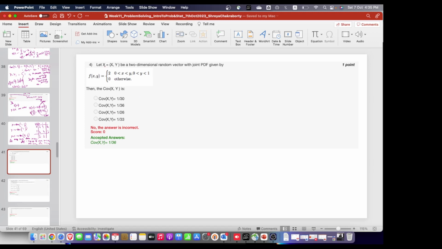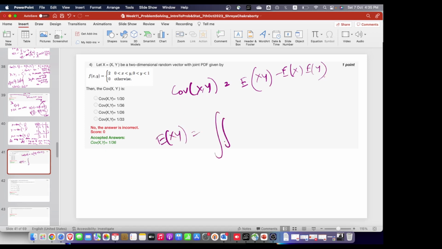Here we have xy, and we have to find the covariance of xy, equal to expectation of xy minus expectation of x into expectation of y. Expectation of xy will be xy into 2, where y runs from 0 to 1 and x from 0 to y.